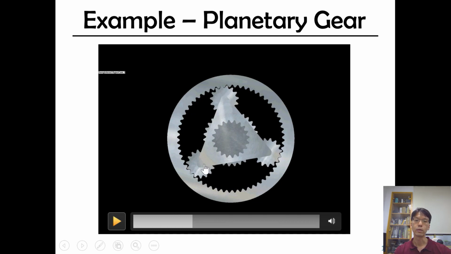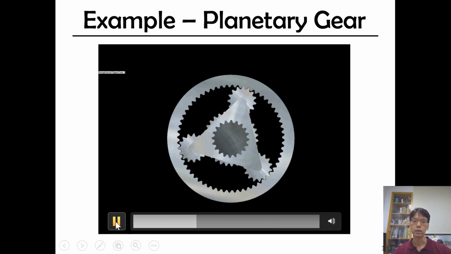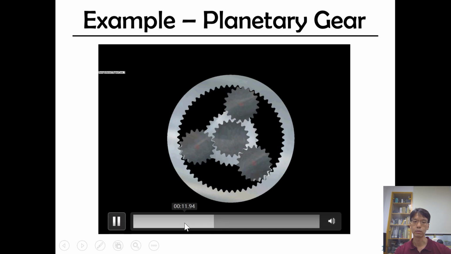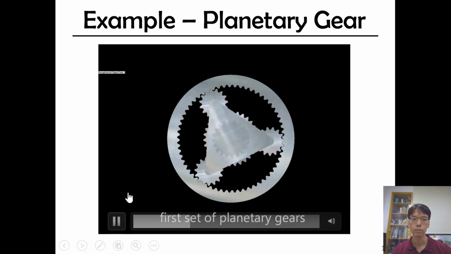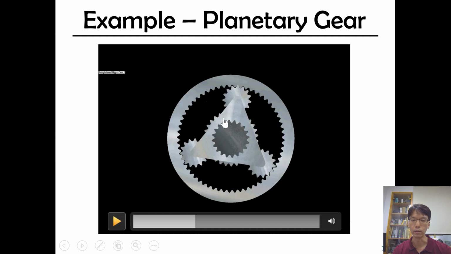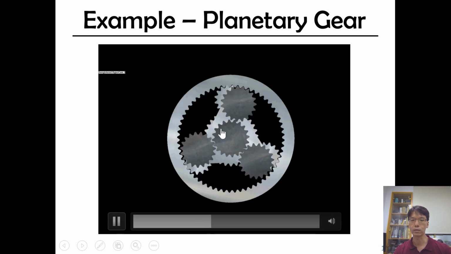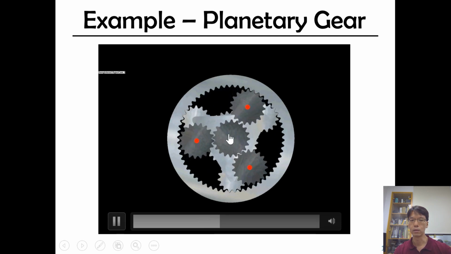And right now we install a frame on the three planet gears. So you can see as the central gear is running, pay attention to the frame. The frame is also rotating, but with a slower speed. You can see the central gear is running faster than the frame.